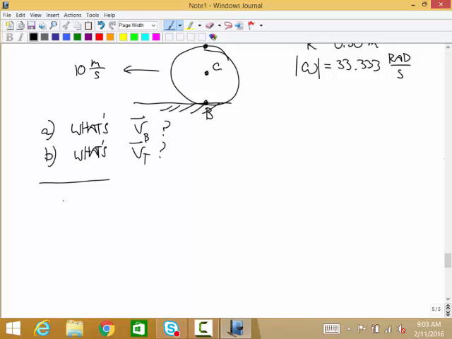If we want to calculate the velocity of B, the velocity of B relative to the ground is equal to the velocity of B relative to the center of the circle plus the velocity of the center of the circle relative to the ground. The velocity of B relative to the center, this is the circular motion part.